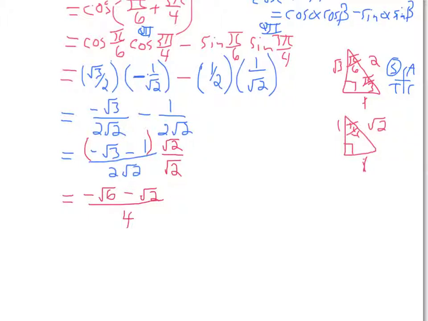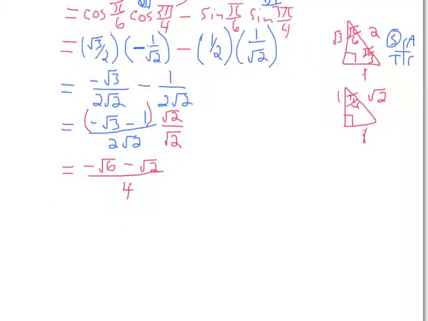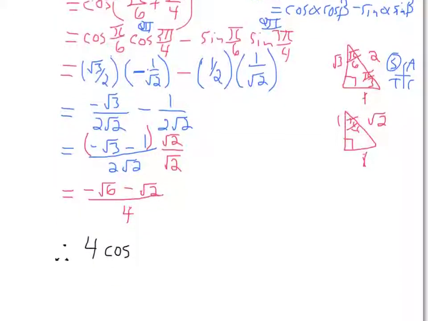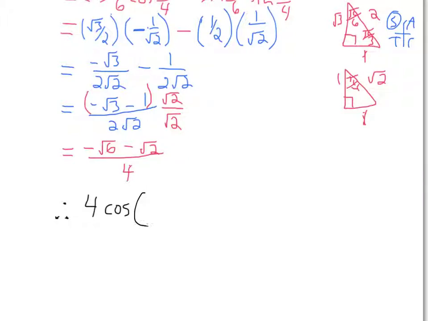Okay. So I guess that's not entirely our answer. I think I know why they put the 4 on the outside now. So to answer the question, I would just do a therefore. Therefore, 4 times cosine of 11 pi over 12 would equal 4 times this business right here, the answer I just had.